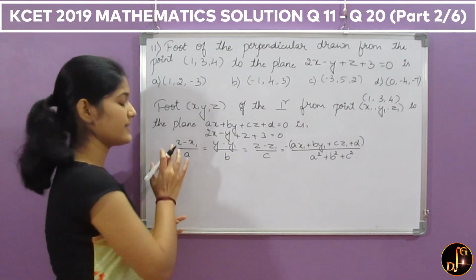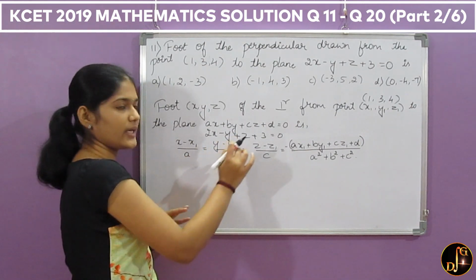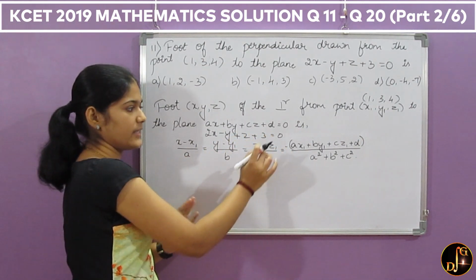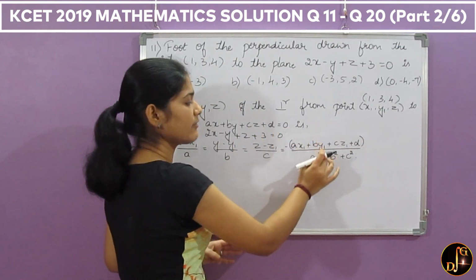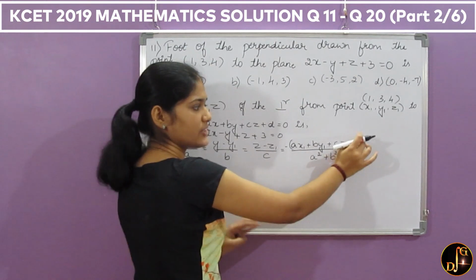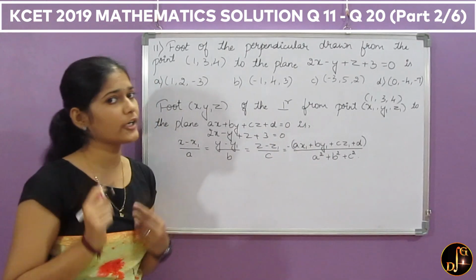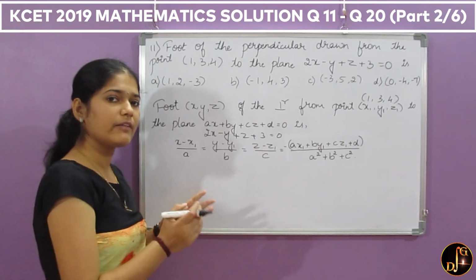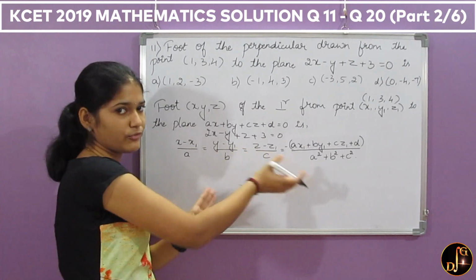The formula is (x minus x1) by a is equal to (y minus y1) by b is equal to (z minus z1) by c is equal to minus of (a x1 plus b y1 plus c z1 plus d) whole divided by a square plus b square plus c square. We already know this formula. Now we will substitute the values of x1, y1, z1 and a, b, c in this formula.